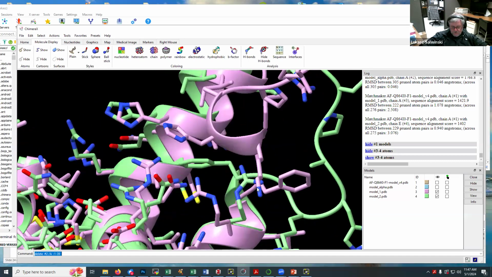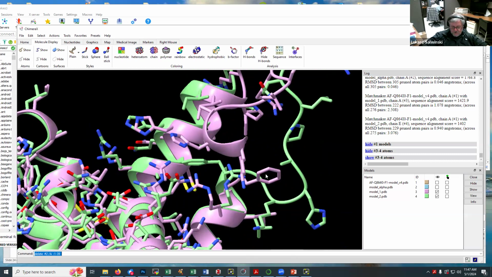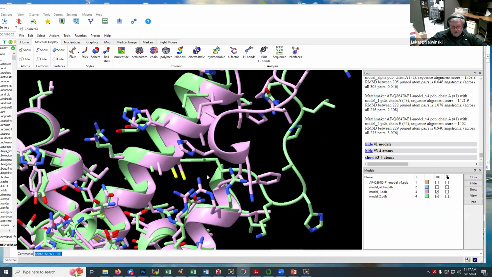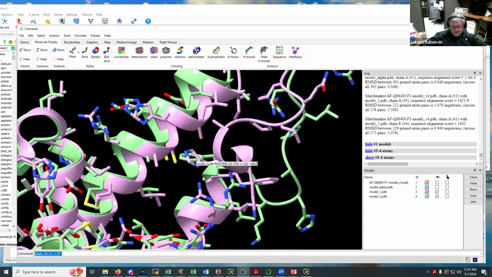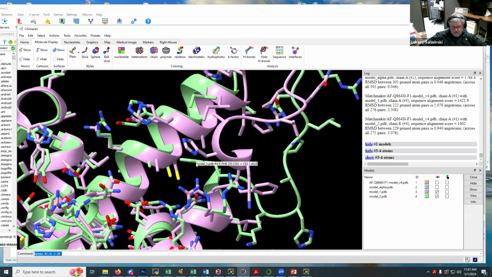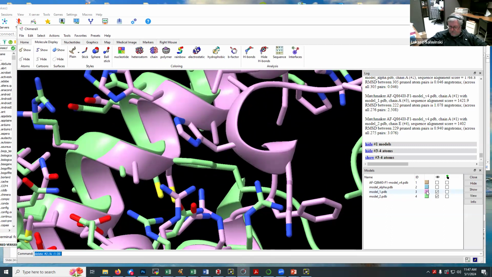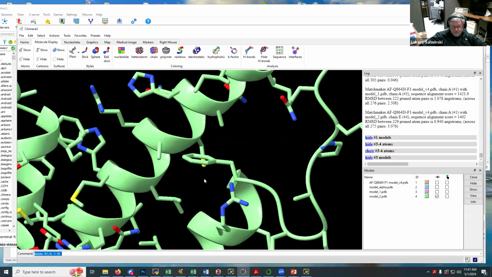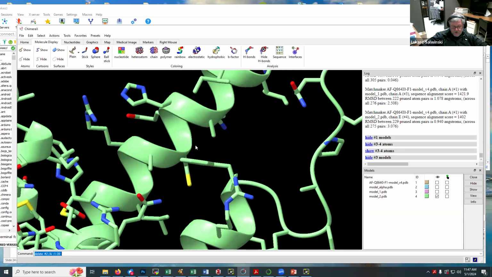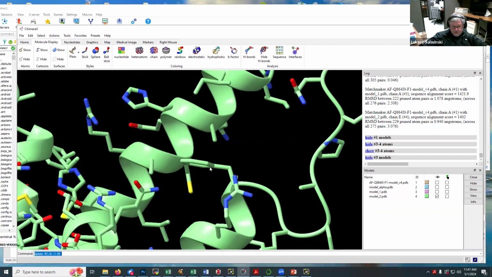If I were to pick which one looks better, I would probably pick the green as better, because in the green model, if I turn off pink for a moment, we do have this phenylalanine packing against another helix and possibly getting sheltered from the solvent more.